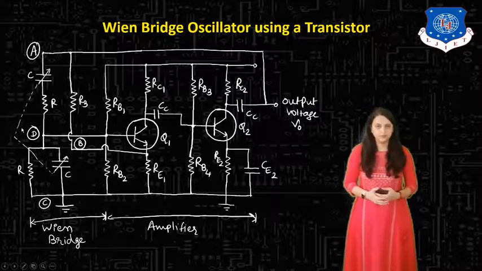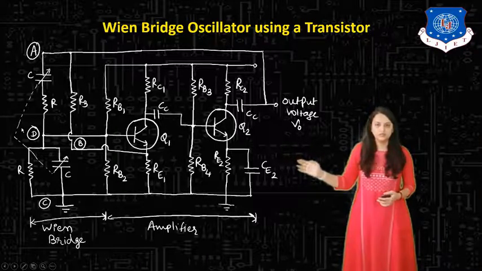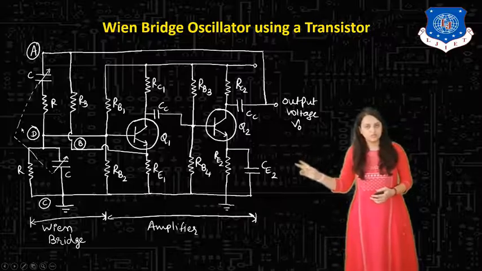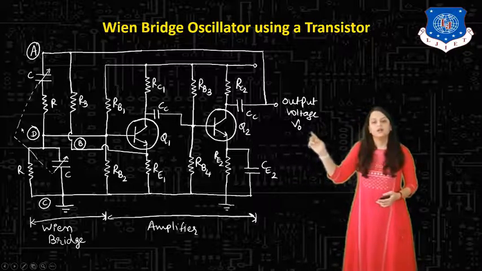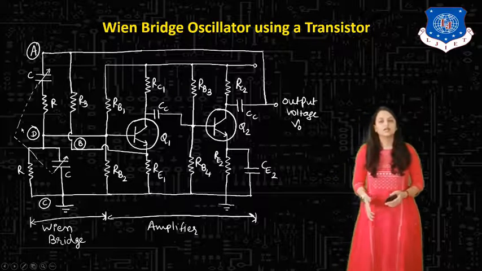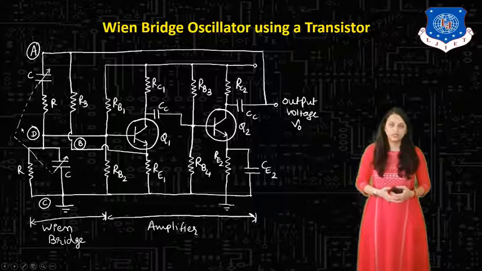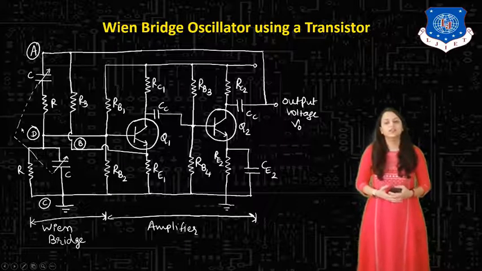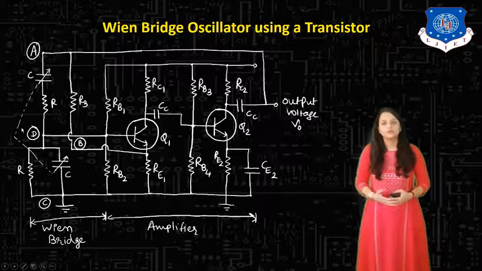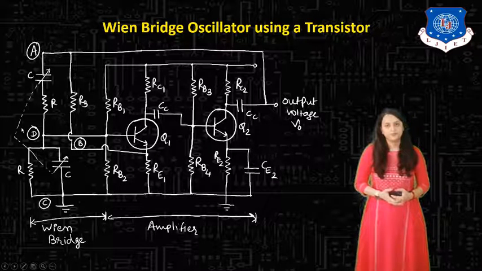That's why we have used 2 CE transistors, BJTs, and here we are getting the output voltage VO. So this is the circuit diagram using BJTs, with the Wien bridge basic circuit whose output is given to the input of these transistors.